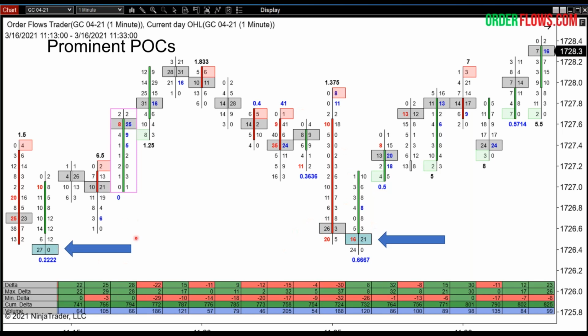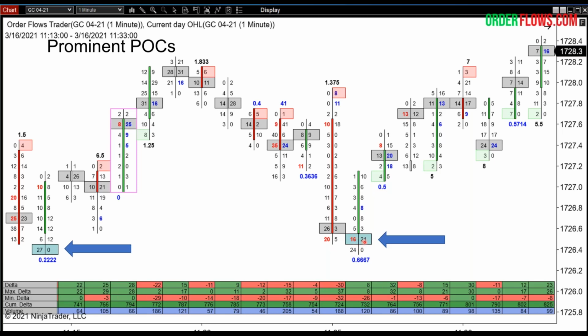So I know why this market came back here, because I've got point of control right on the bottom of this bar. That's a bullish sign in the market. And then we come back to that level, we test that exact level, that prominent point of control that I had earlier. And the point of control this time is one tick up off that low, but it's also a prominent point of control. So it's telling me that, hey, you know what?